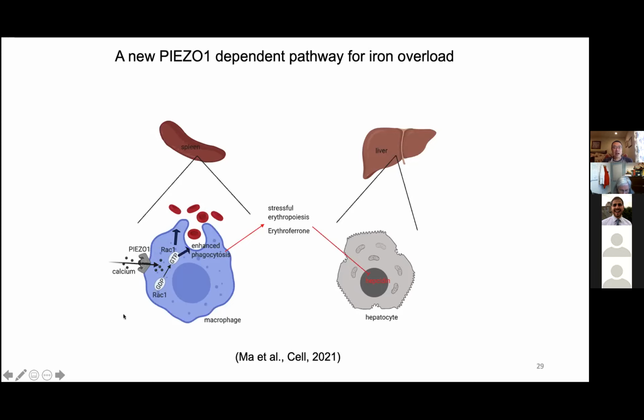And this overactive recycling of red blood cells leads to stress erythropoiesis and the release of erythroferrone, which inhibits the production of hepcidin. And the end result is excessive accumulation of iron in the blood and in the tissues.